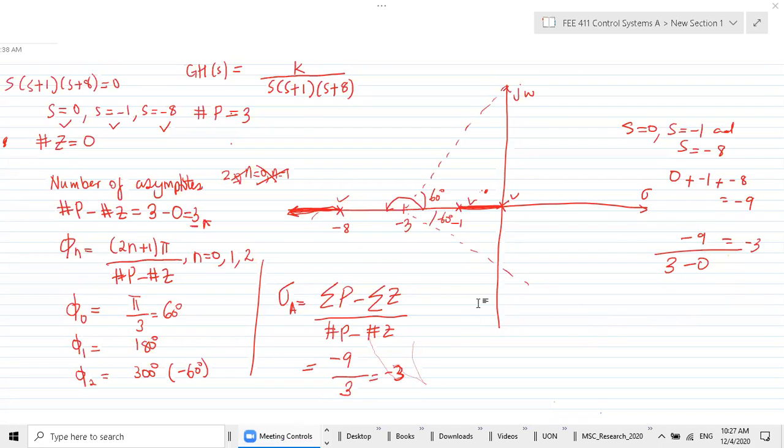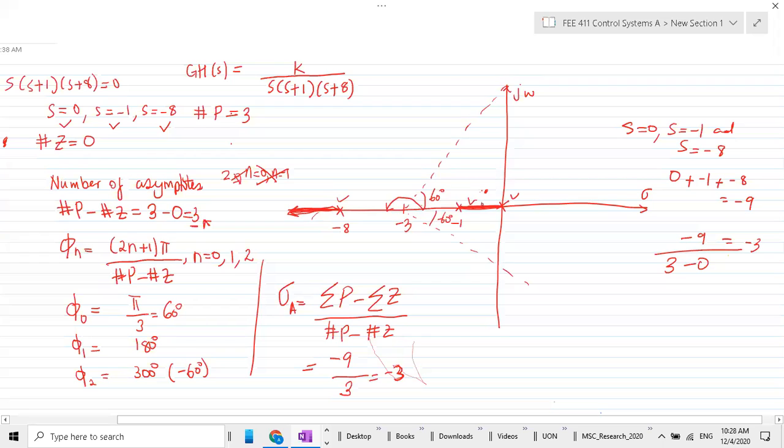So, is that clear how we get the centroid, right? Now we know where our root locus direction goes. Obviously for this 180, you can see this one goes as 180, and the other one will follow this line. But we don't know where these two poles break and follow these two directions.